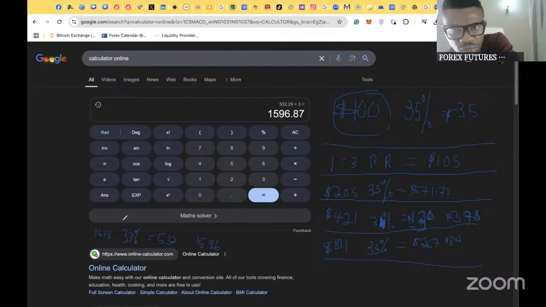Then if we add that to the balance, plus 1,613, our new balance is 3,209.